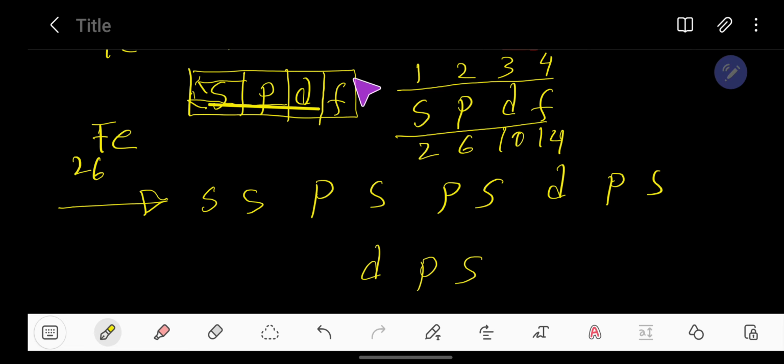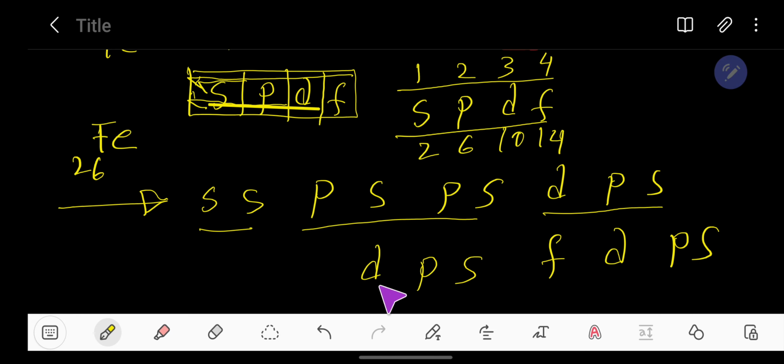Then you consider these 4 subshells at the same time, f d p s. You can write f d p s any number of times according to your atomic number. So say with me: s, ps ps, dps dps, then fdps, fdps, fdps. There is no limit for writing fdps.